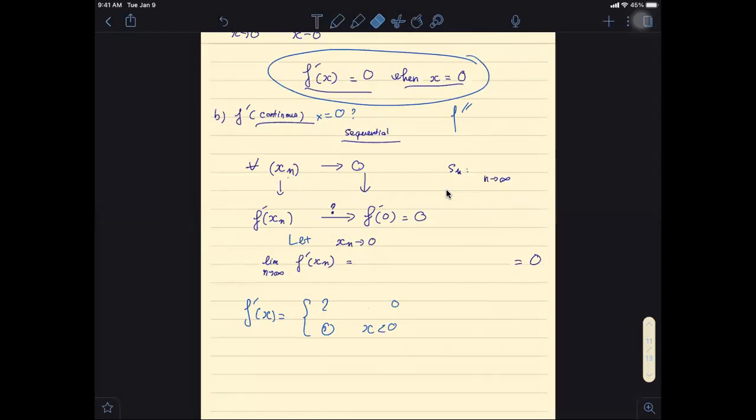So I want you guys to prove, hey, how can we prove f prime of x sub n goes to 0? That's all we need to do. Wouldn't we just take the limit?